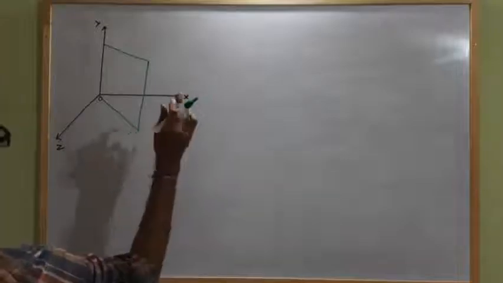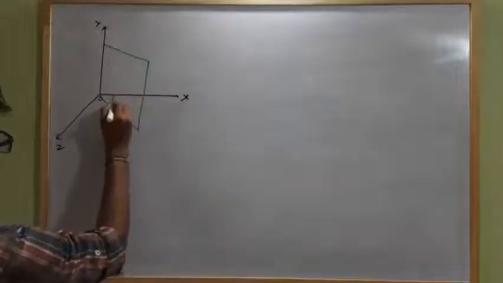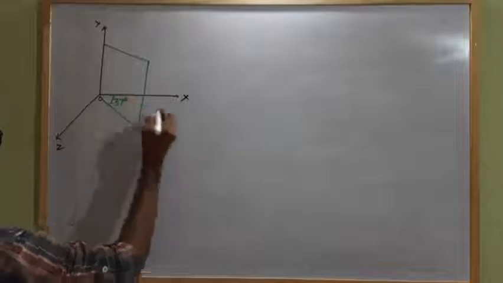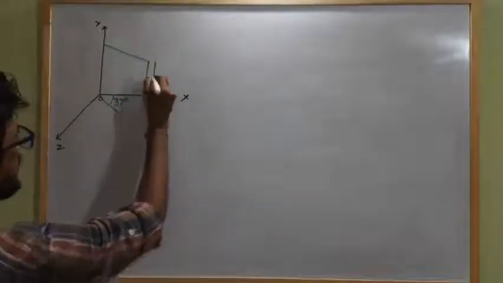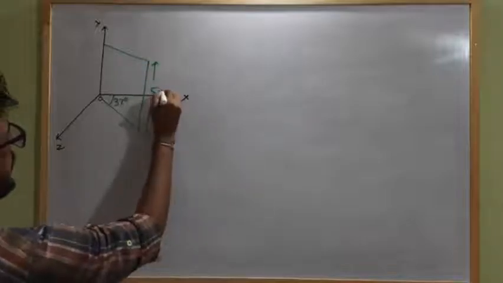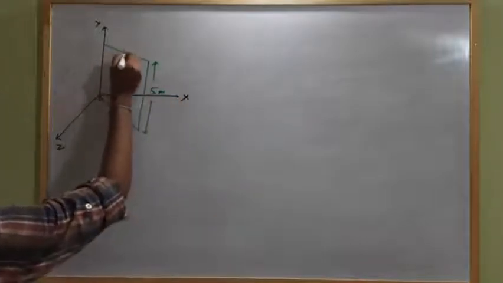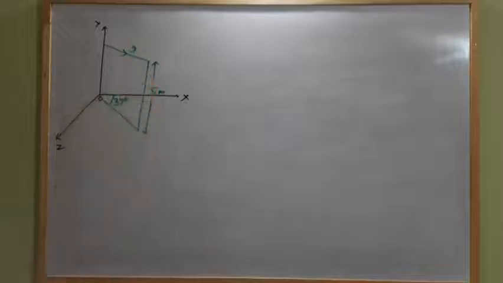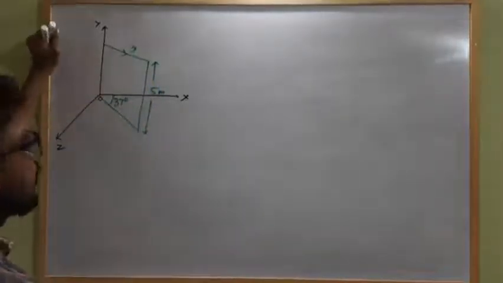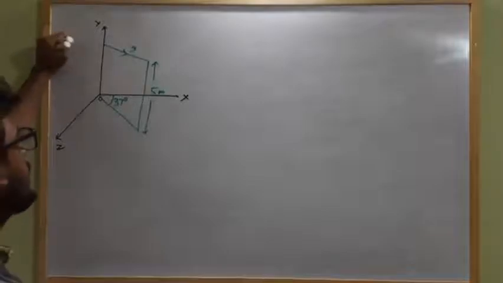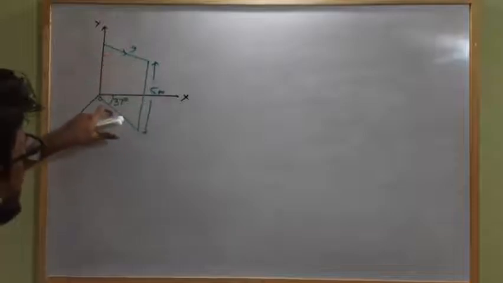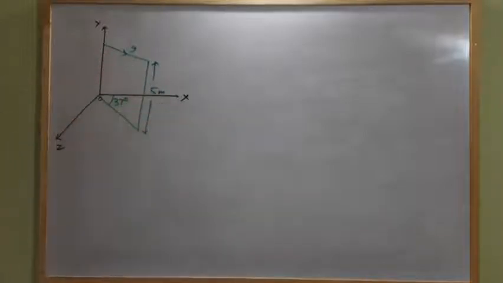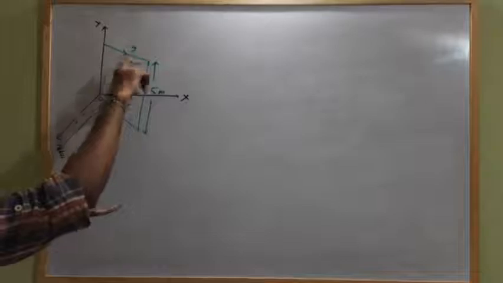This angle is 37 degrees, and the side length is 5 meters. Now find the net magnetic dipole moment due to this current carrying coil carrying current I. Here it is a rectangular or square current carrying coil, and the width of each side is 5.